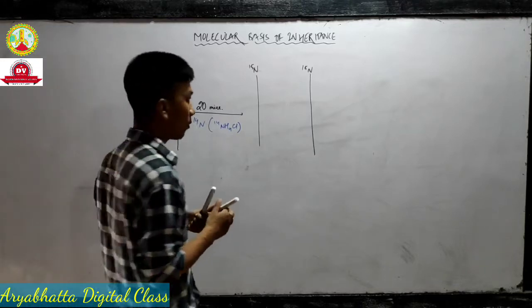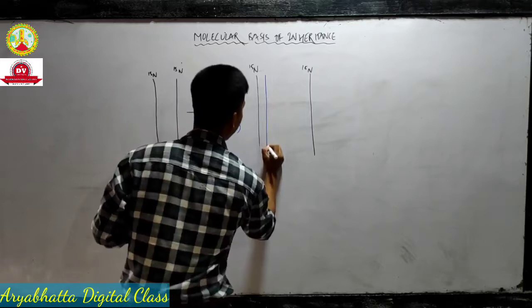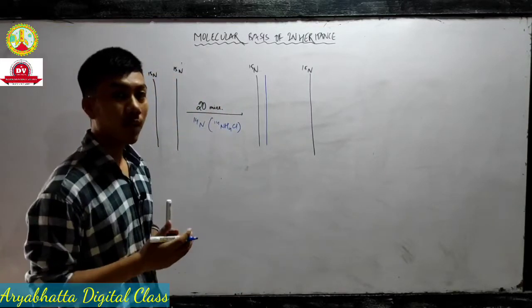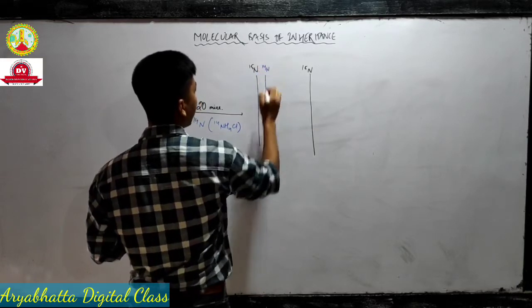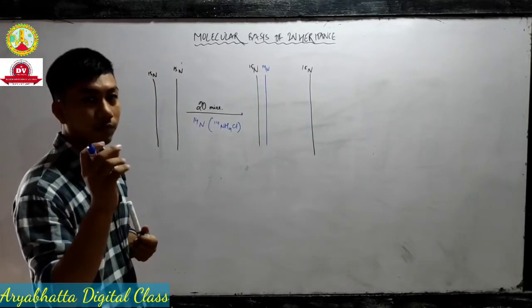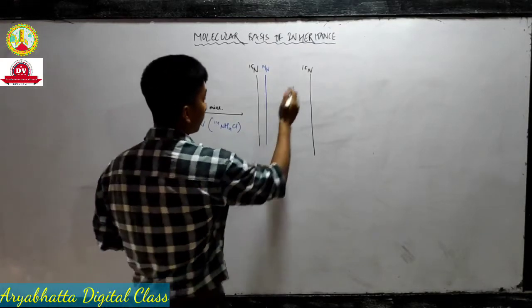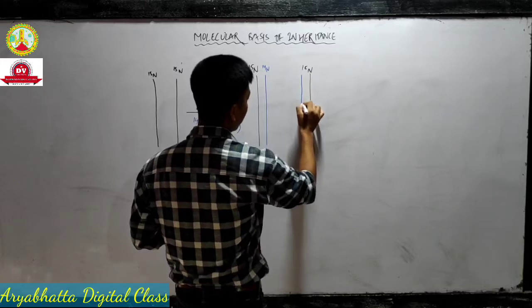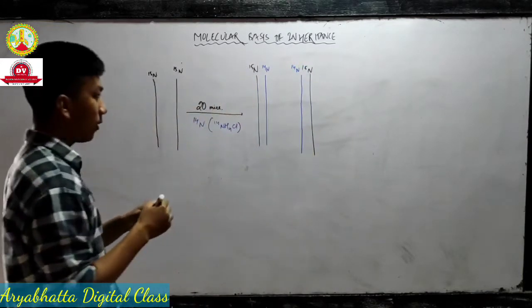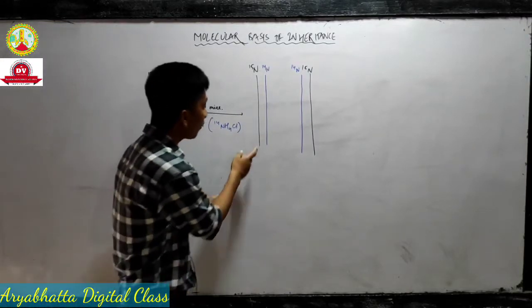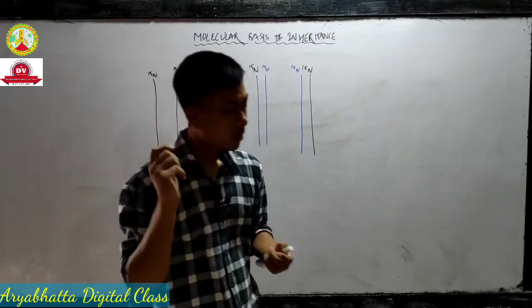So the N15-containing DNA now will synthesize the new DNA strand containing N14, that is the normal nitrogen. This strand also will synthesize a new strand containing N14. So that means from the old strand, a new strand has been synthesized. That is the conservative.